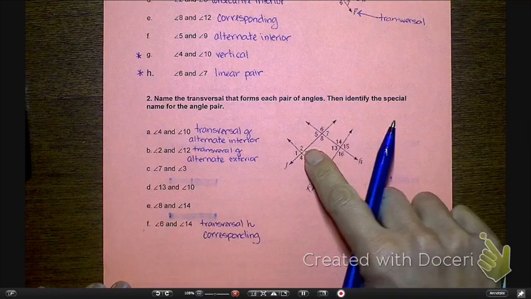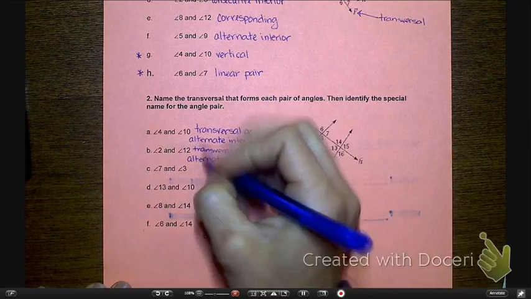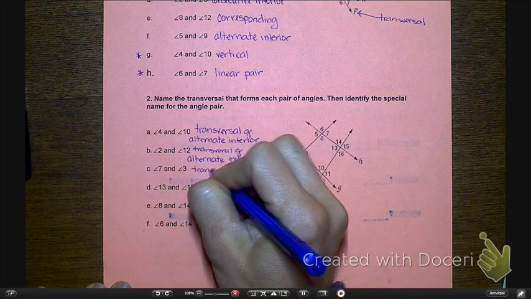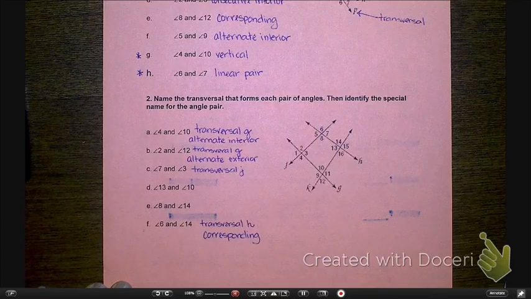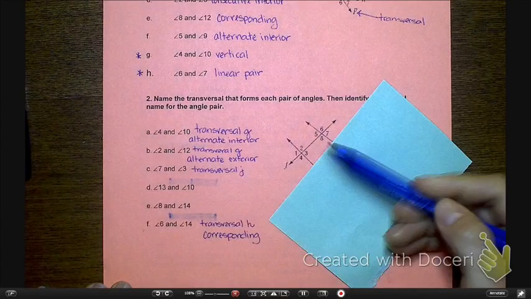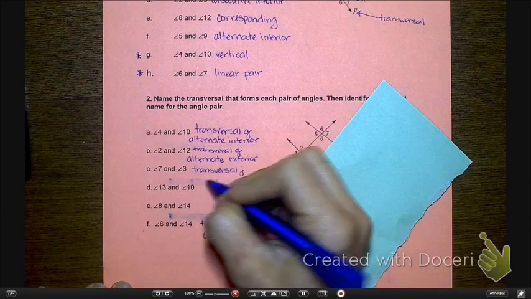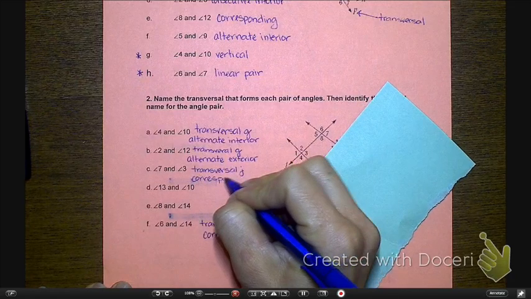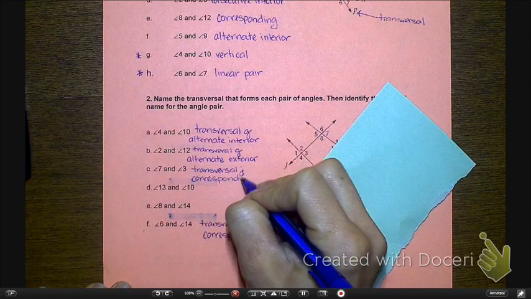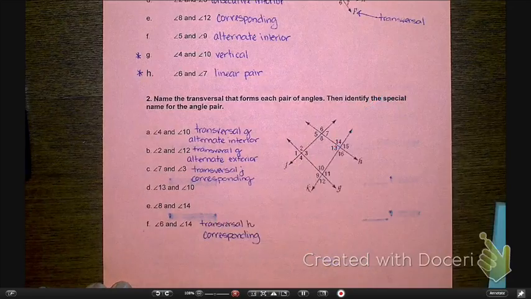7 and 3. Okay, transversal J. All right, and then what did you guys say? Corresponding. Yes, they're in the same position. All right, next, angles 13 and 10.